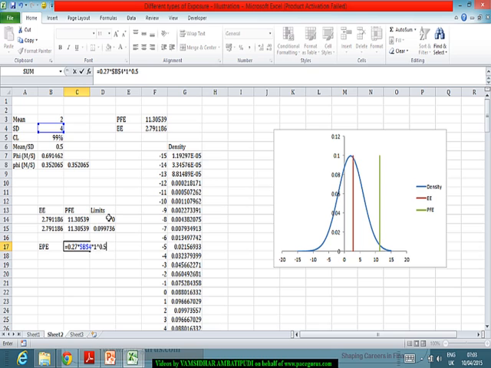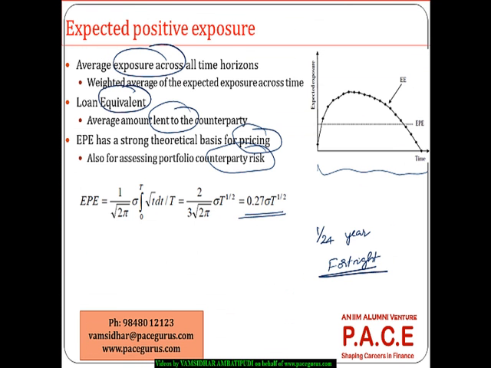Over a 1 year period, I can expect the expected positive exposure for this example to be around 1.08. But if I am doing it over a 2-year period, my expected positive exposure is going to be somewhere around 1.52. So that's the way to compute the expected positive exposure.